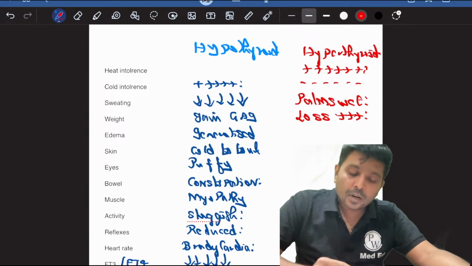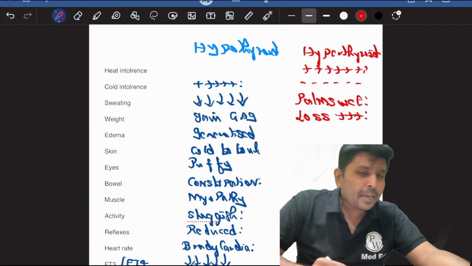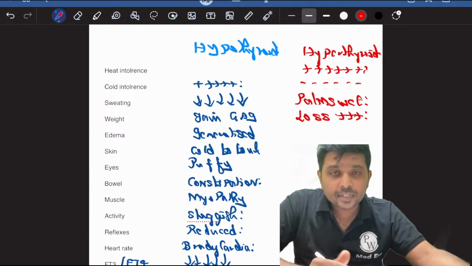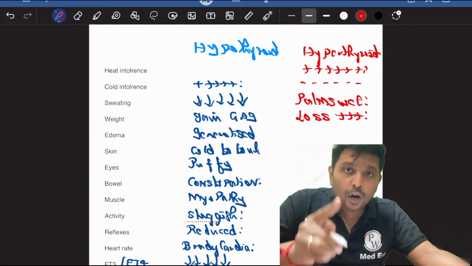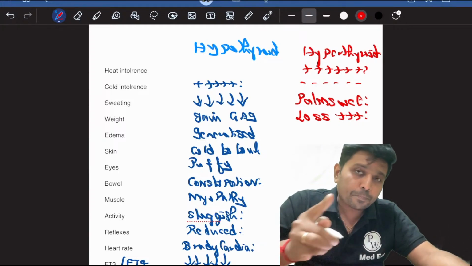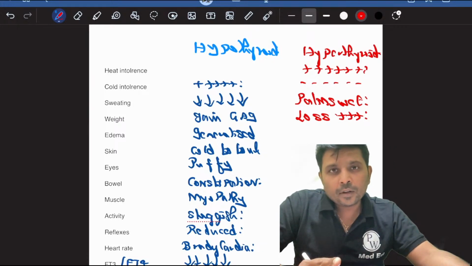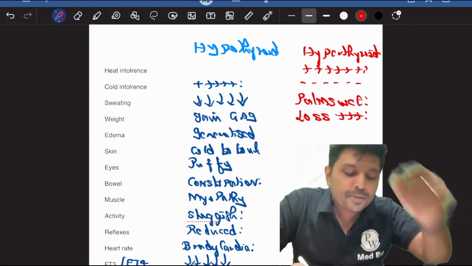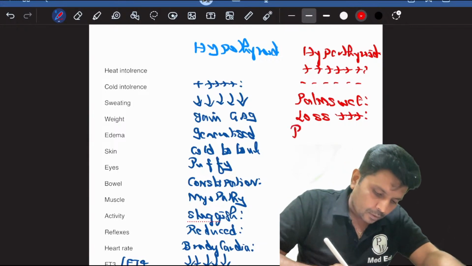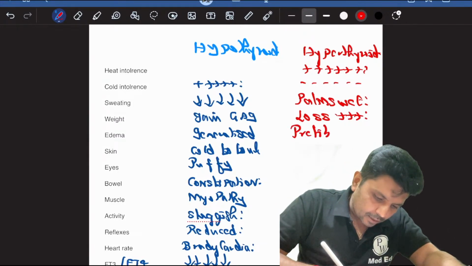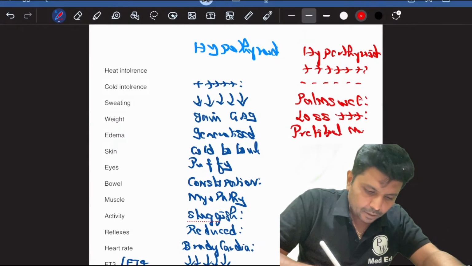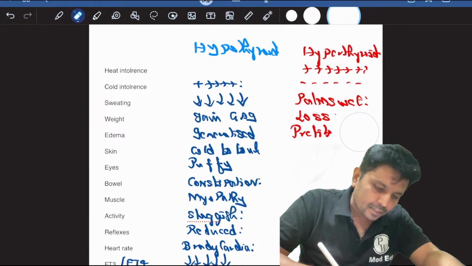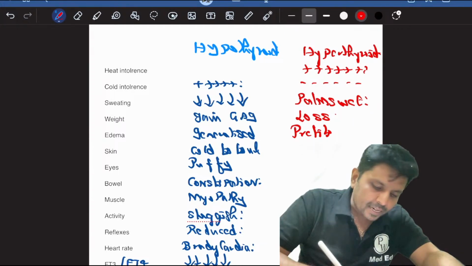Edema. The most common cause for hyperthyroidism is Graves' disease, in which there is autoimmune mediated deposition of connective tissue or fluids over the tibia, called pretibial myxedema. Pretibial edema. I can't say myxedema, I need to say pretibial edema.